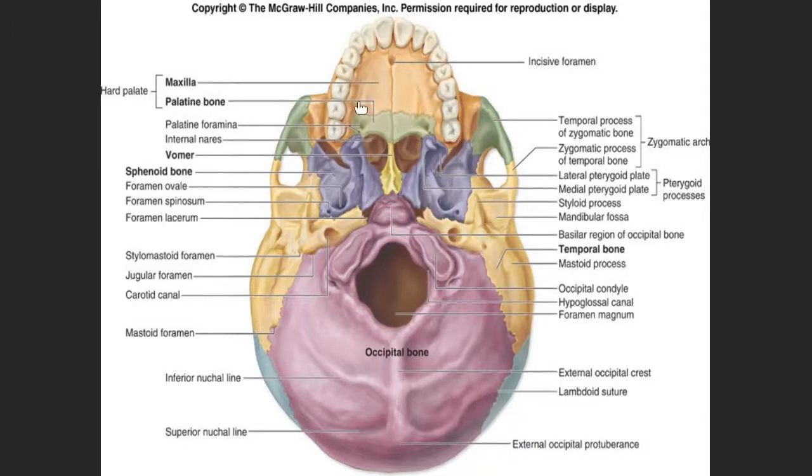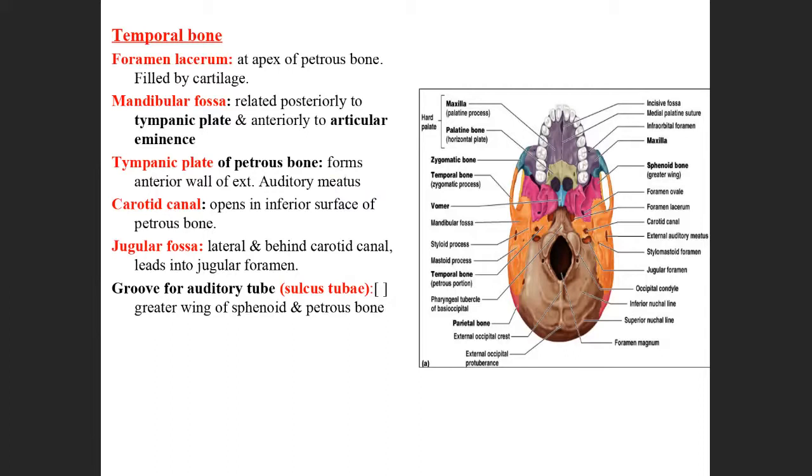Okay. Now what we studied here is the anterior part, that is the palatine part. Next is the middle part. Next, in the temporal bone, what you have? Foramen lacerum.